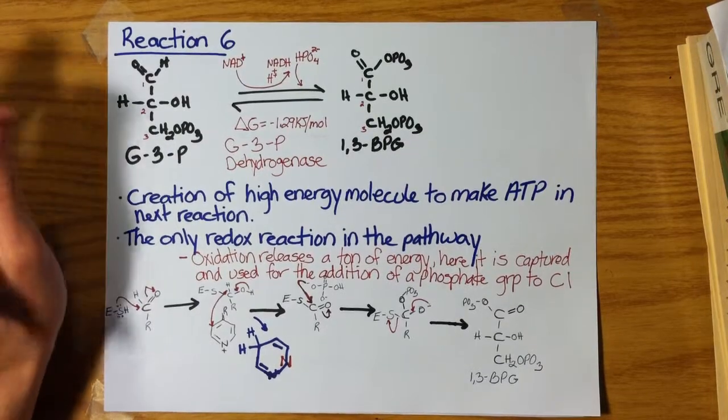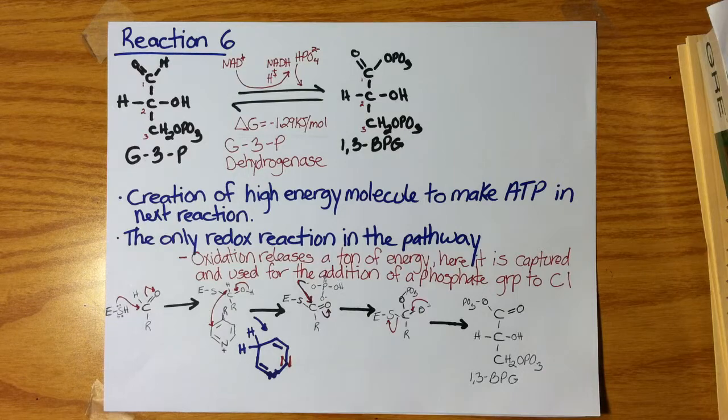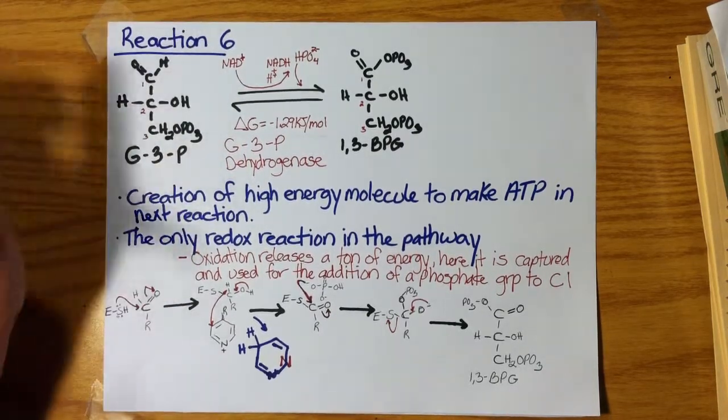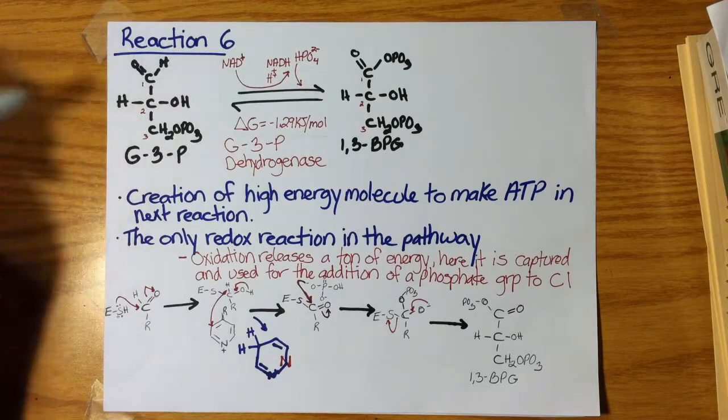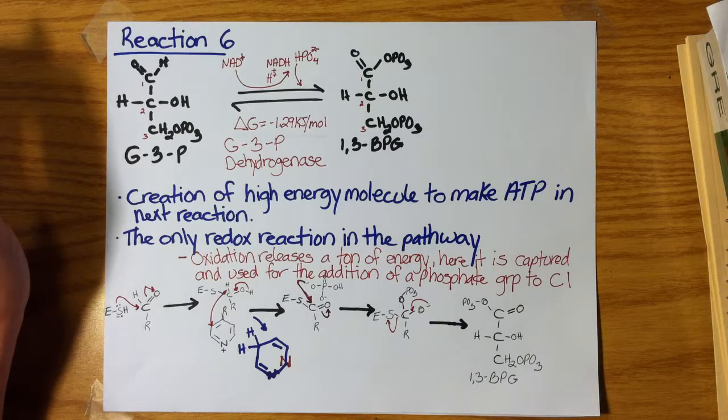Today's video will be covering the second part of the glycolytic pathway, or what I've been calling the payoff phase. In the first part, we converted glucose into two molecules of glyceraldehyde 3-phosphate and invested two molecules of ATP.